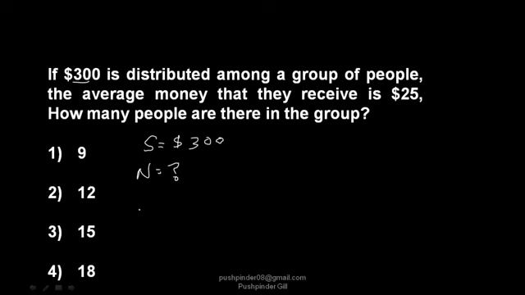But the average given to us is 25. Then average is equal to sum by number, and from here you can calculate that the number of items is sum divided by average. That would give you your answer.